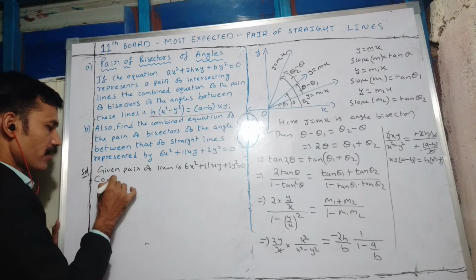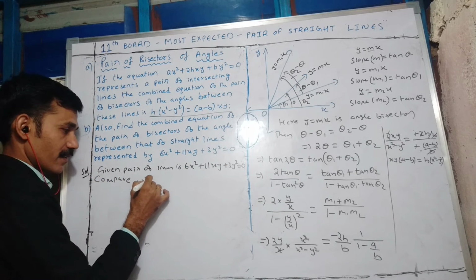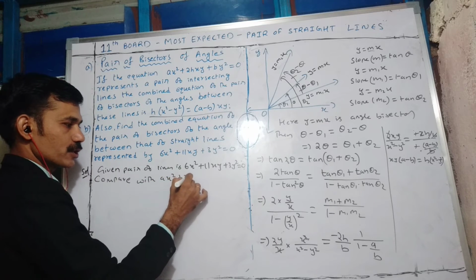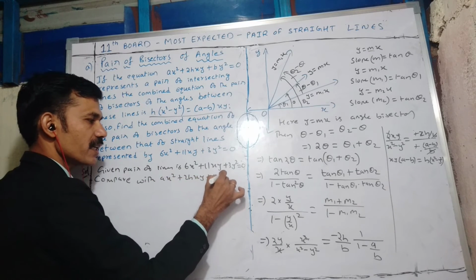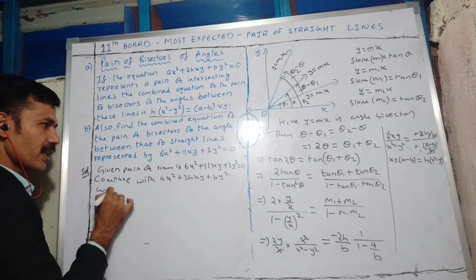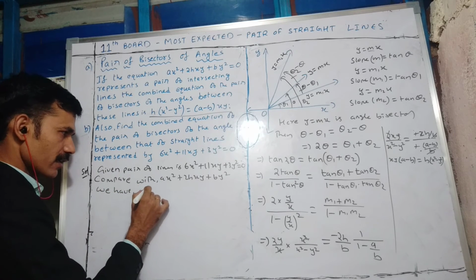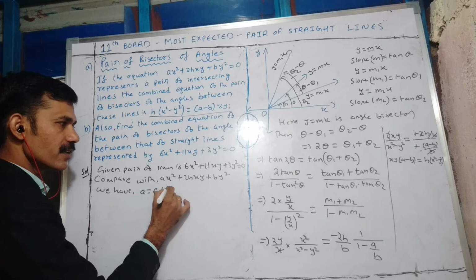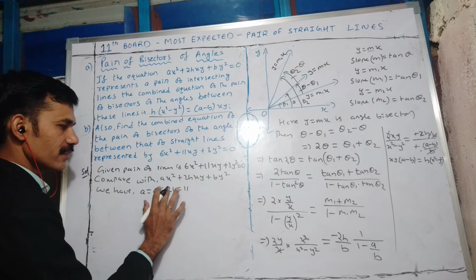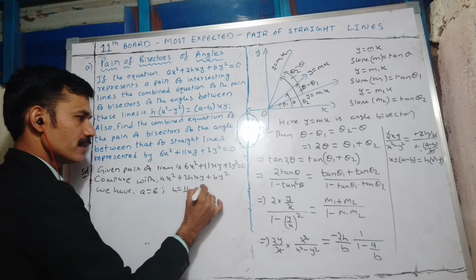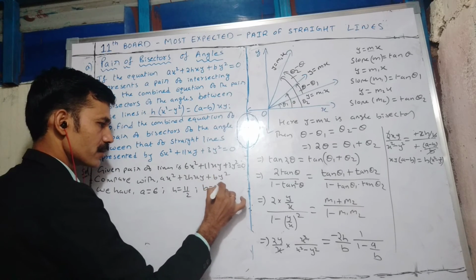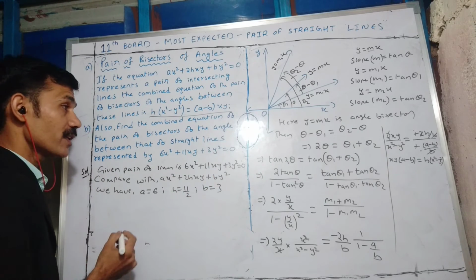You compare this with ax square plus 2hxy plus by square. Then x square coefficient a is 6, 2h is 11, so h will be 11 upon 2, and y square coefficient b equal to 3. What we have to find?